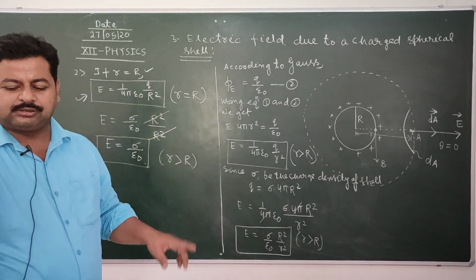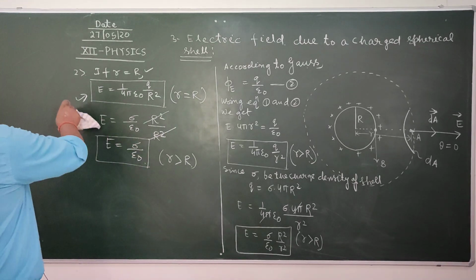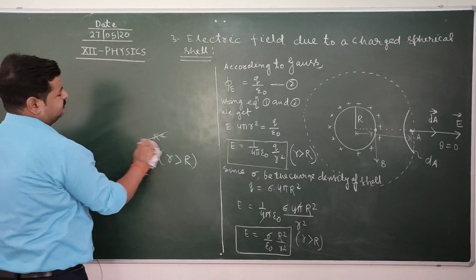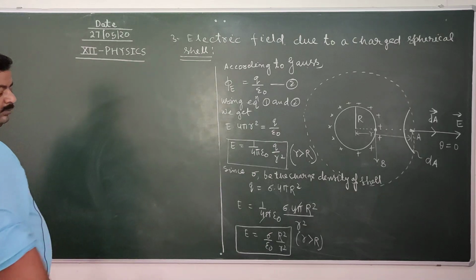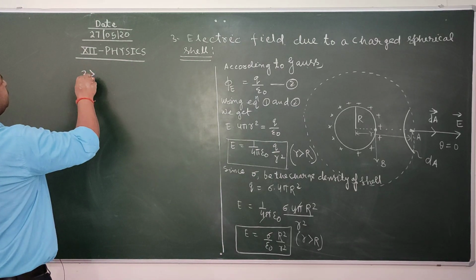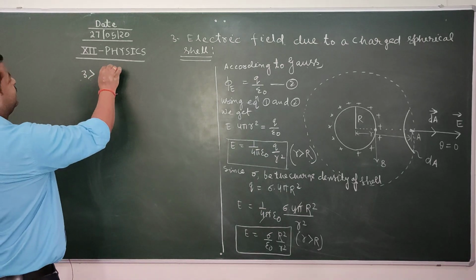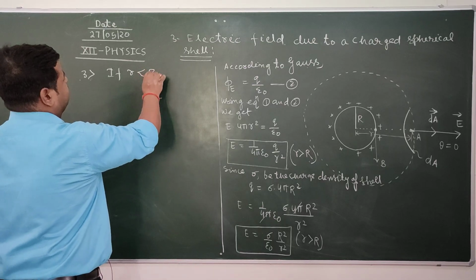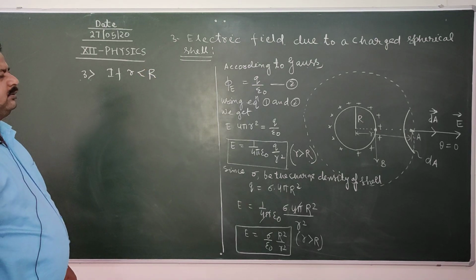Now we are going to the third part. The third part is, in this case, if small r is less than capital R, not greater, not equal.